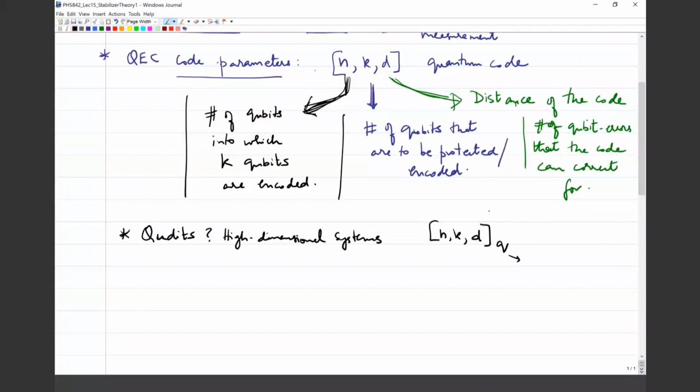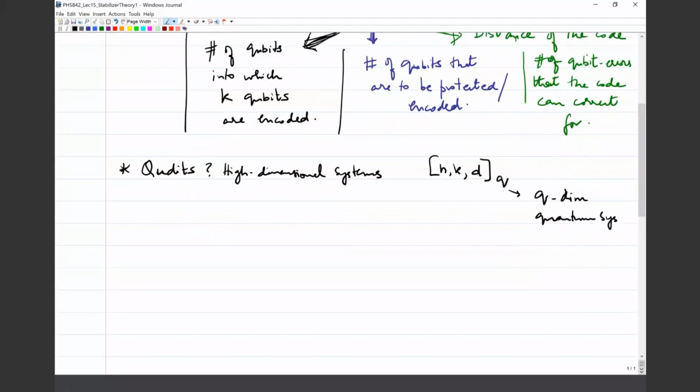So this would be for Q dimensional quantum systems. Which means that the starting point is a C^Q space, but of course there are K of them. So this will be C^Q tensor K, etc.